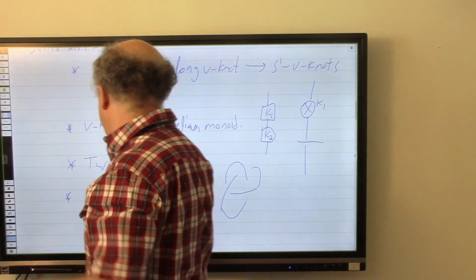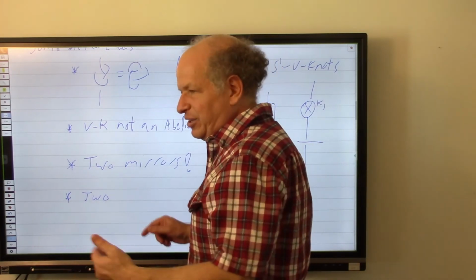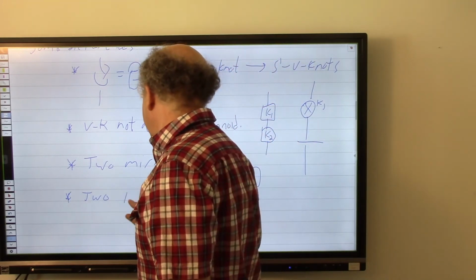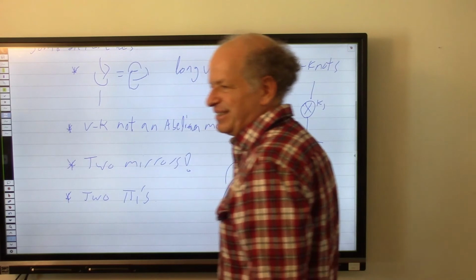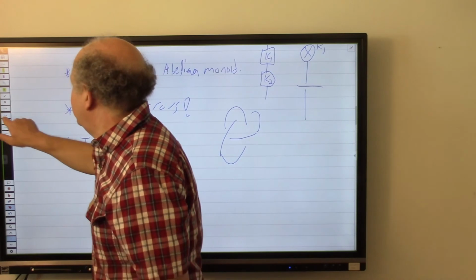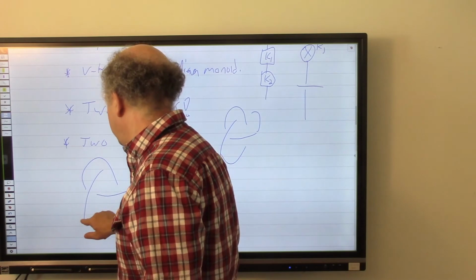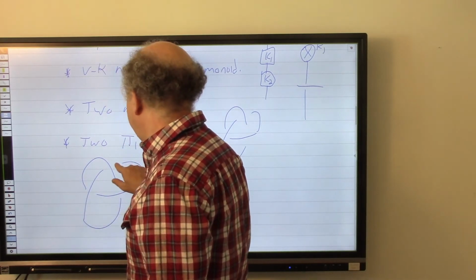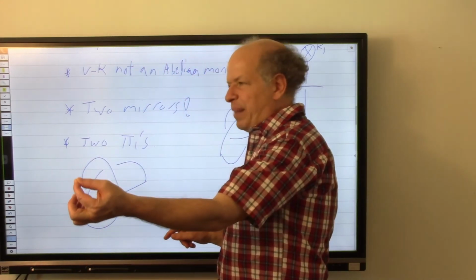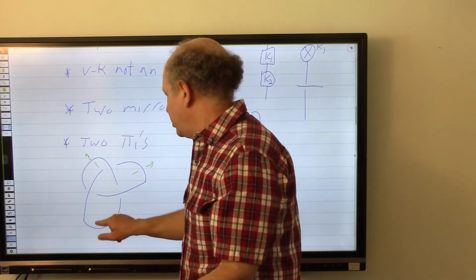Well, I told you that there is a fundamental group of the complement, that there is pi 1. I lied to you. Well, I didn't lie, I understated. So actually there are two pi 1s. When we wrote the Wirtinger presentation, we take the base point to be above the knot, and then the generators go under the strands.